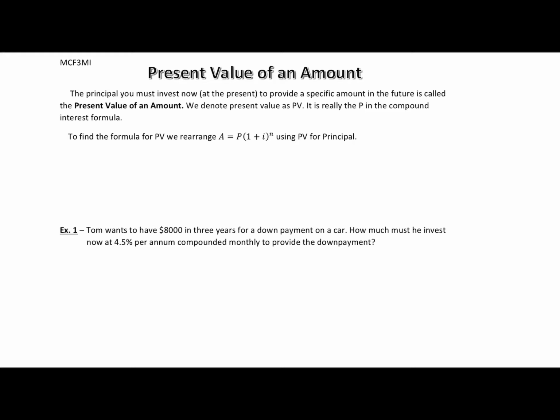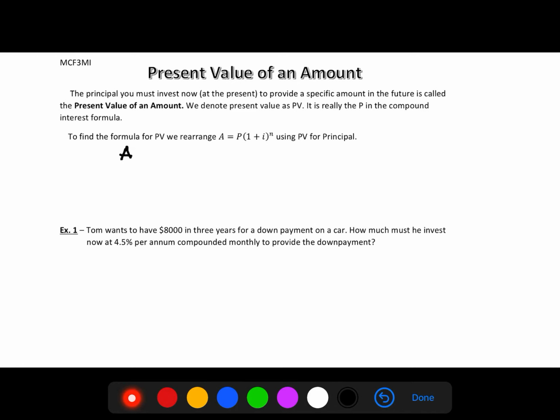So it's the principal or present value of what we need to put in now to have that amount at the end. To find the formula for present value, we simply rearrange our compound interest formula, but instead of using P or principal, we use PV for the principal.